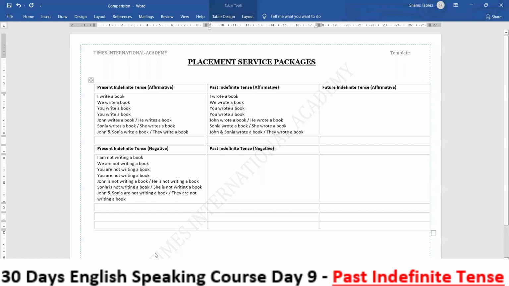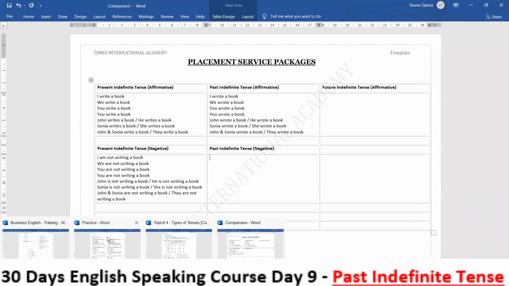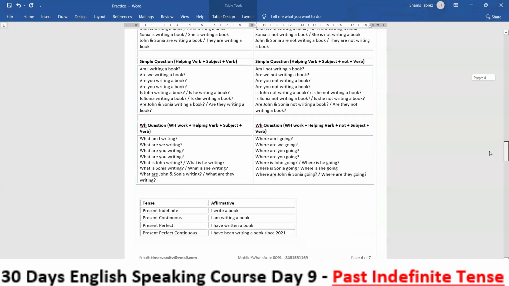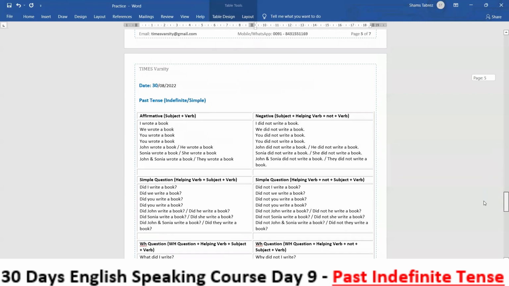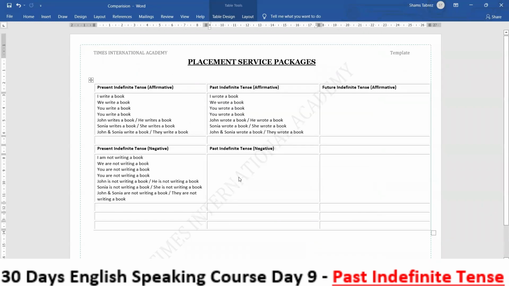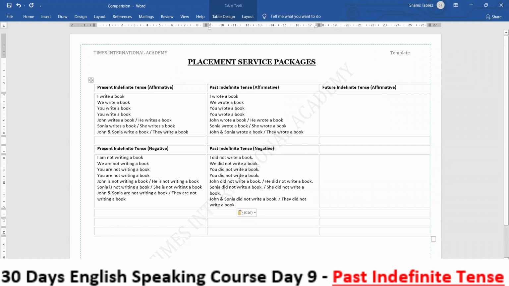Now take past indefinite negative, which we just created, and put it in this table. Excuse me, sir. Yes. Present indefinite tense, I think I am not right.